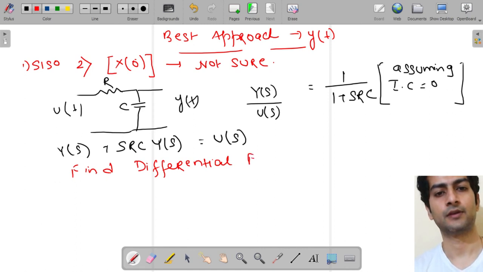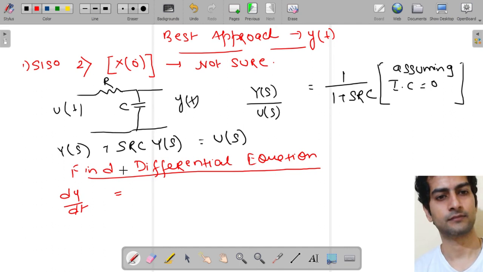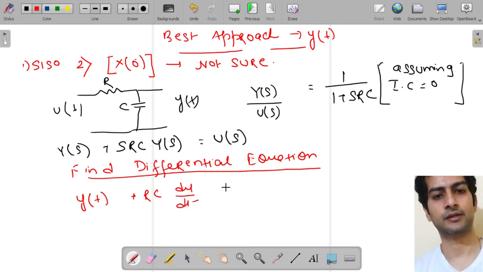If we find the differential equation, we will get something like this: y of t plus rc dy by dt is equal to u of t.